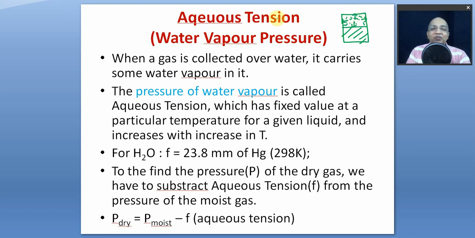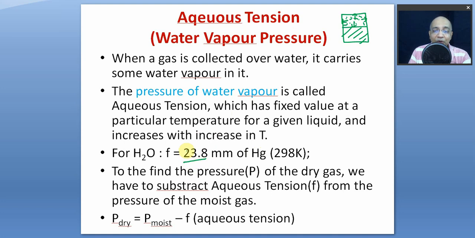That is very funnily called aqueous tension, right? And at every temperature the vapor pressure is different. For example, water has a vapor pressure of 23.8 millimeter of mercury. All pressures are expressed in terms of mercury column height, right?